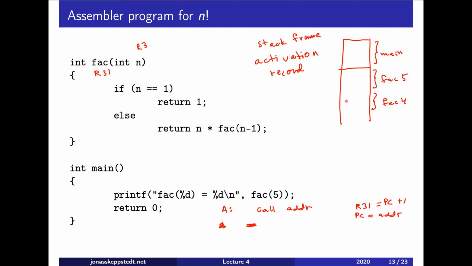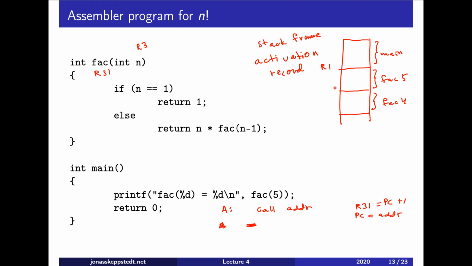Now we have a need for creating these stack frames. How to do that is to use a special register. Well, it's not very special, but we just say we use R1 for that. R1 is used to say where we can save these things. When we have created this stack frame, we move R1 down in the stack.